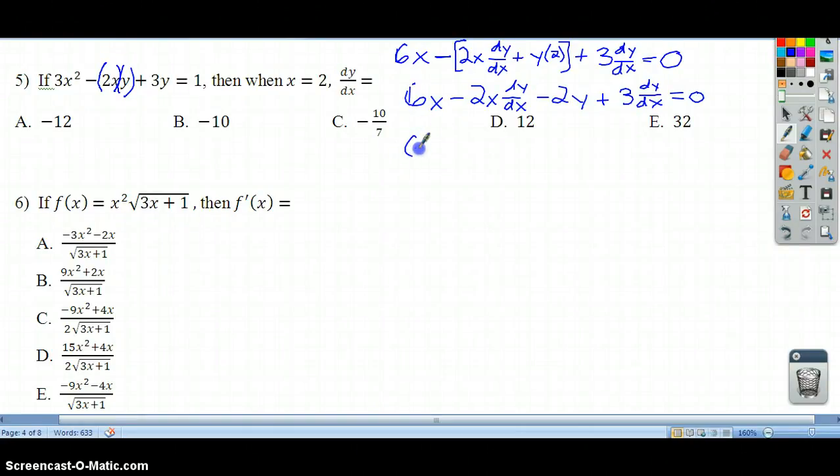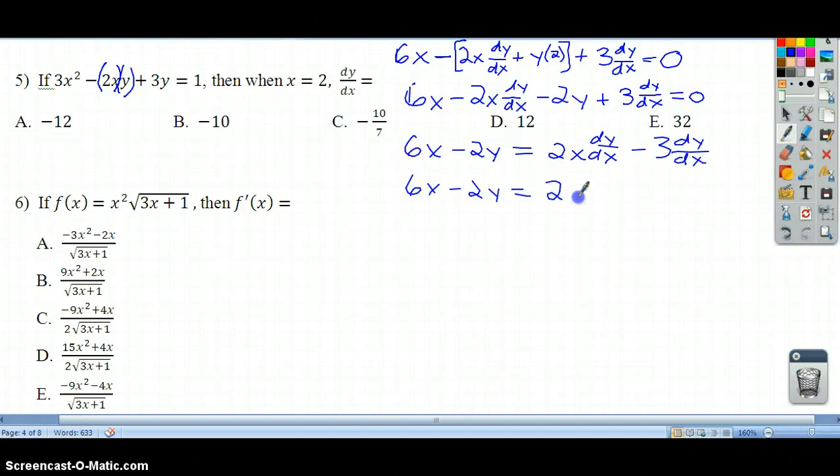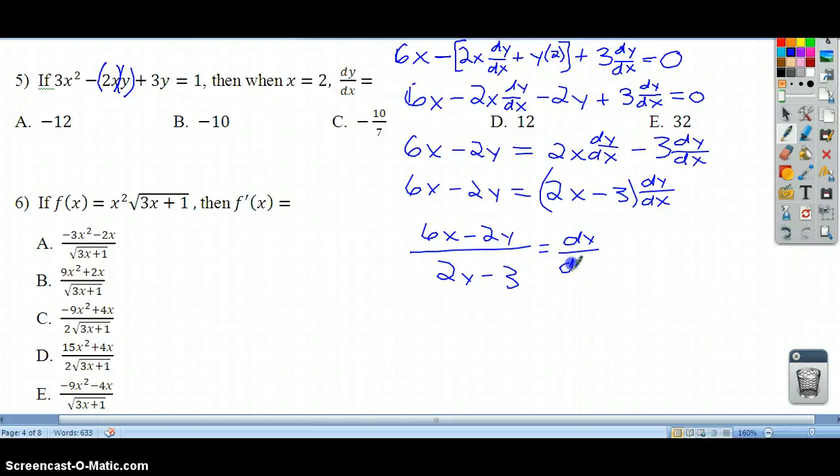So I'm going to say 6x minus 2y equals 2x dy/dx minus 3 dy/dx. So like that. I'm going to factor out 2x minus 3. So then my final answer is going to be 6x minus 2y divided by 2x minus 3 equals dy/dx.